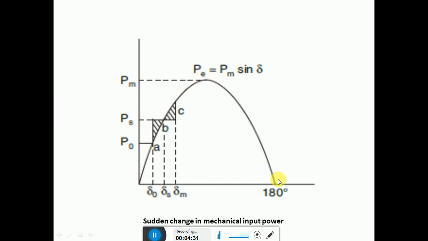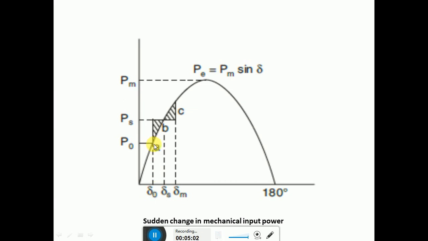The power angle curve represents the electrical power output, which is P equals PM sine delta. Delta will vary. Initially, let's say mechanical input power is P0. Corresponding to this power, the load angle is delta 0.